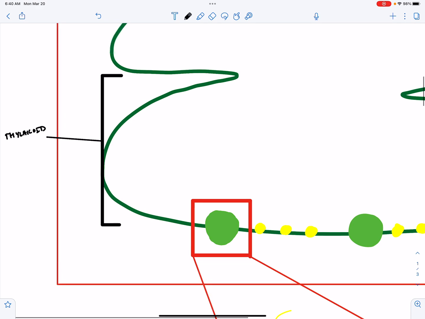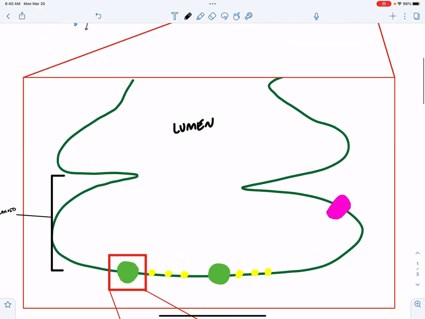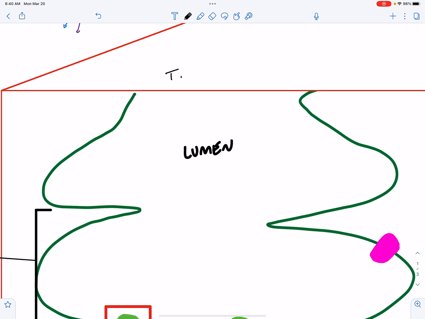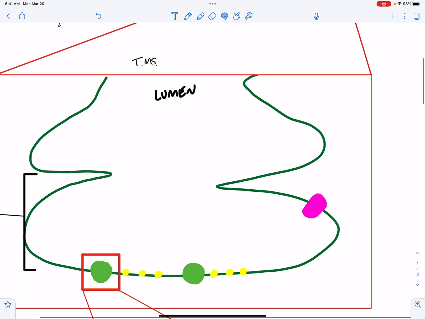So this is like one of the little jelly beans. I guess I could say this whole thing is the TMS, the thylakoid membrane system. The lumen is the interior of the thylakoid.